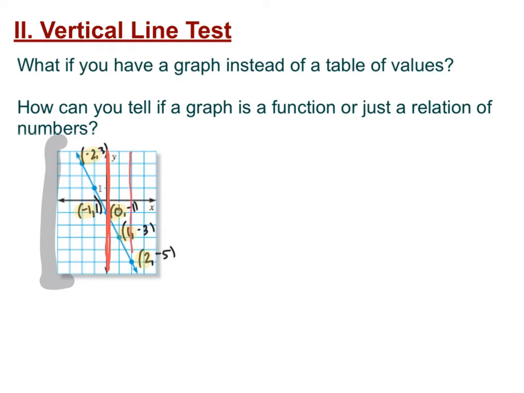So if I put a vertical line here, if at any point the graph crosses a vertical line twice, then it is not a function, therefore it would have failed the vertical line test. It's a very easy way to look at a graph and determine if it's a relation or a function. So let's take a look at some examples of that.